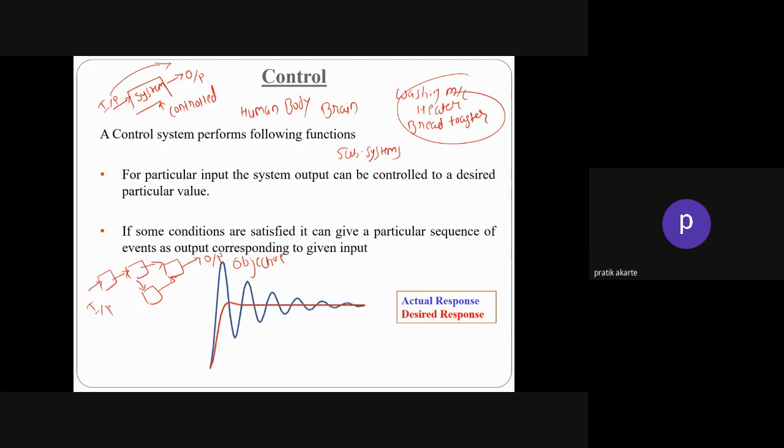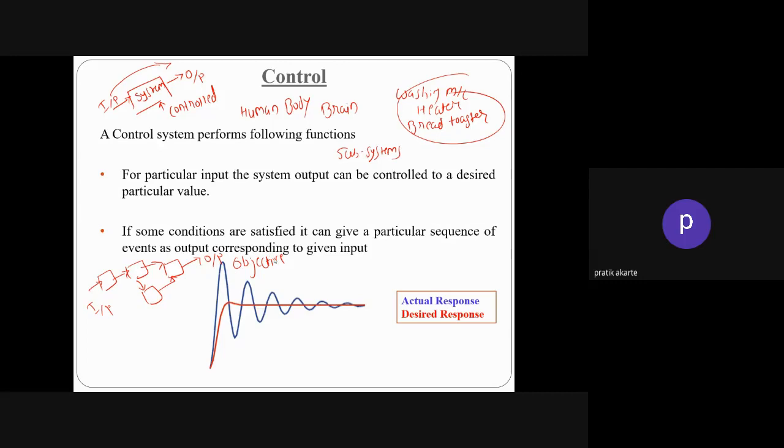So these control systems have associated inputs and output. What are the functions that are performed by the control system? For a particular input, the system output can be controlled to a desired value. That is the function performed by the control system.